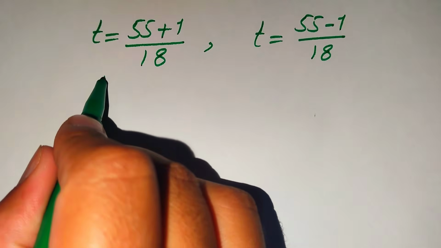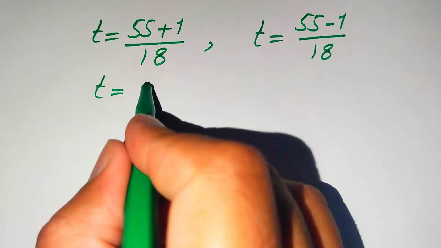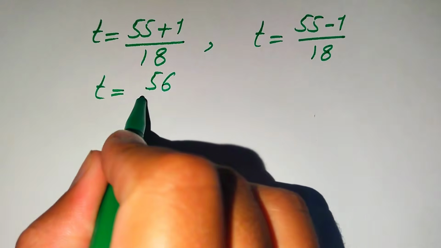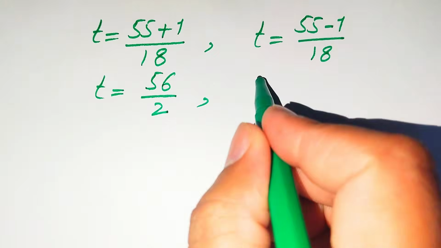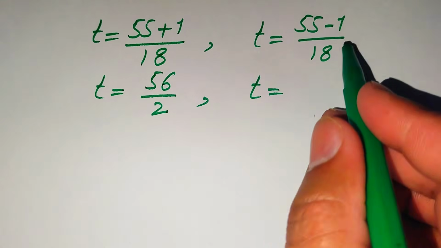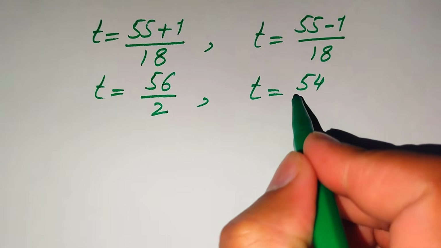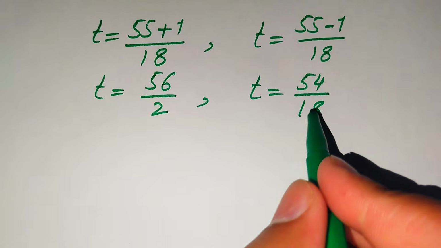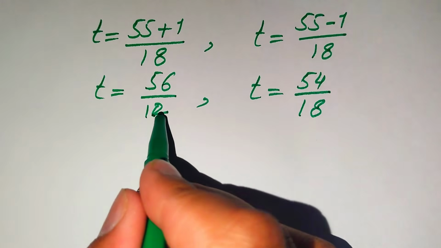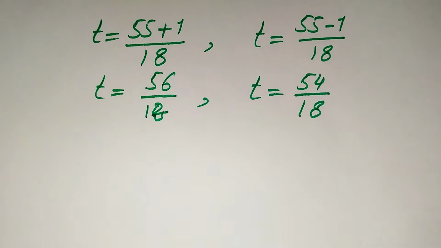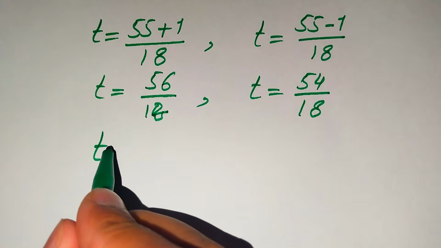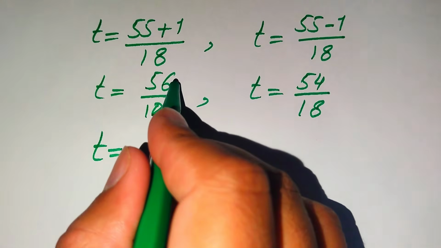And in the next step we have t equals 55 plus 1 becomes 56 divided by 2, and in this case we have t equals 55 minus 1 becomes 54 divided by 18. Sorry, in this case we also have 18. So we need to write this into the simplified form, and we cancel these with the table of 2.